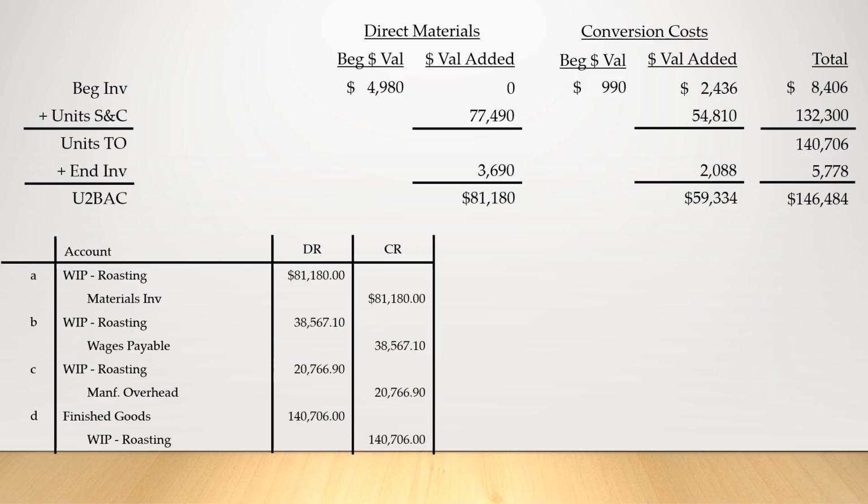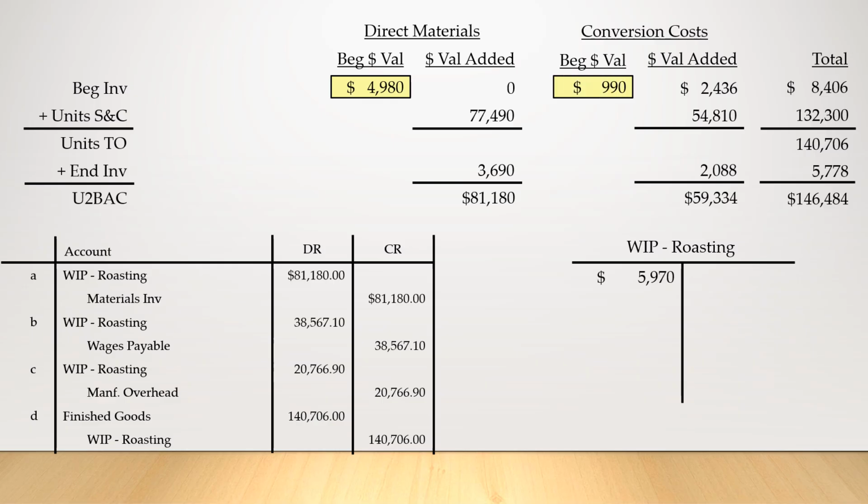With our entries recorded, we can then post to our ledger account for work in process. Our beginning balance was $5,970. It will receive 3 debits for the entries in letters A, B, and C. Then we post 1 credit for inventory transferred out.